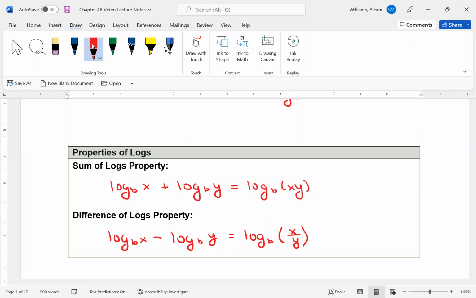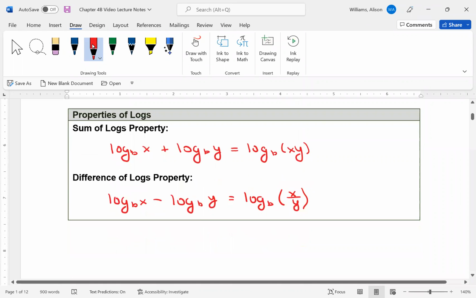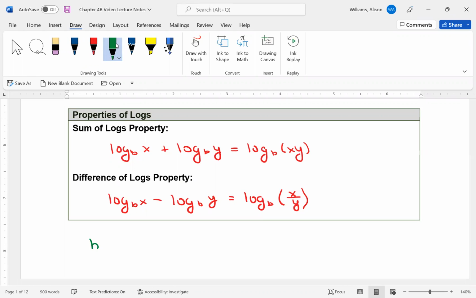The first one in particular is building on the property that if you have b to the a and you multiply it by b to the c, that becomes b to the a plus c. So a multiplication between exponents of the same base ends up adding the exponents.